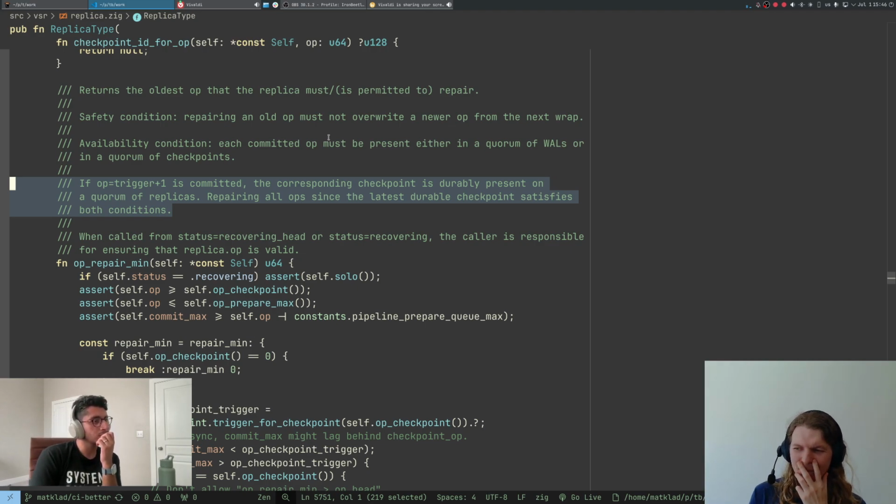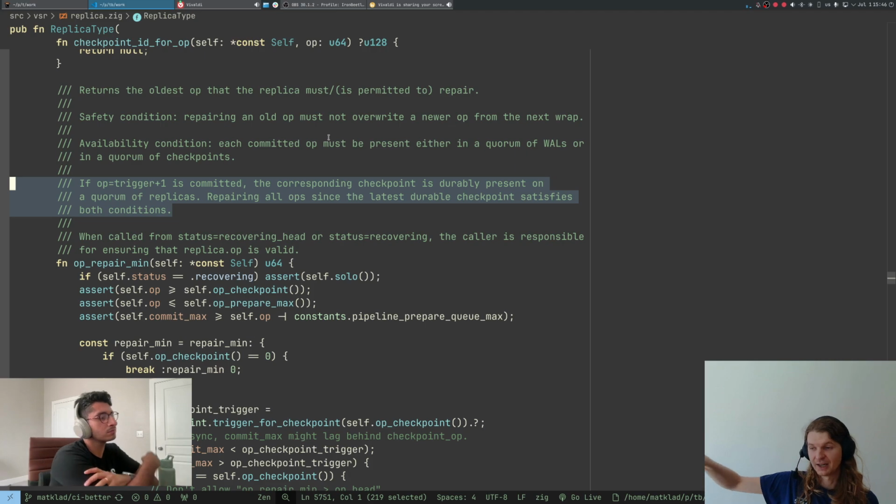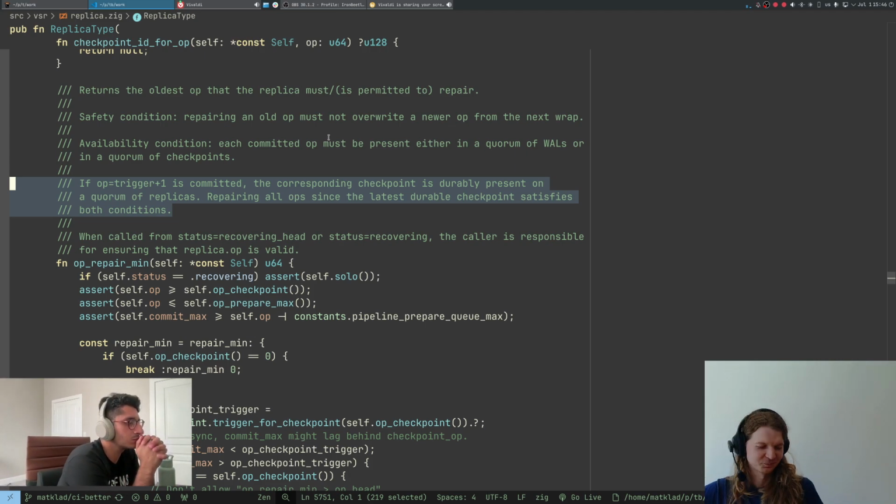So this thing is true if we don't do that checkpoint pipeline thing, where a replica is allowed to prepare a pipeline of prepares on top of a checkpoint.